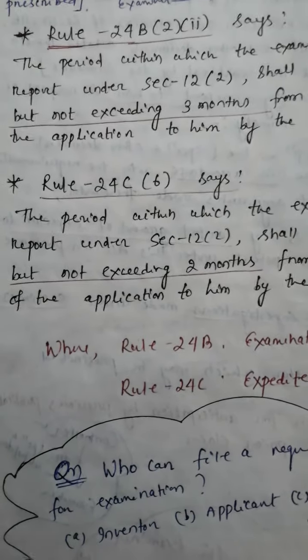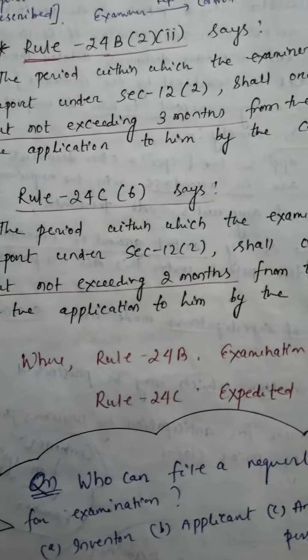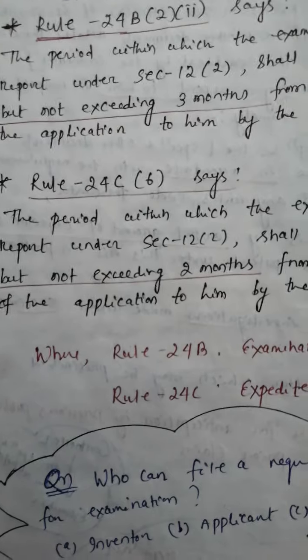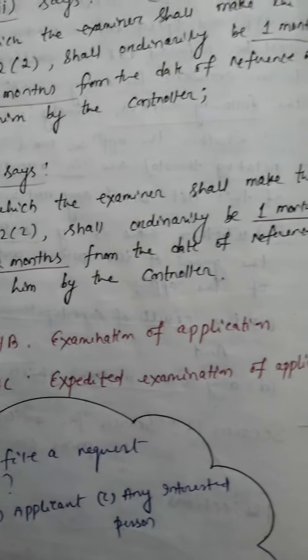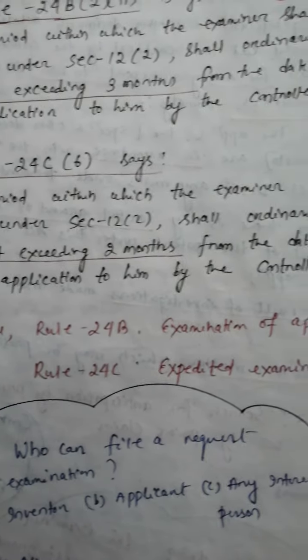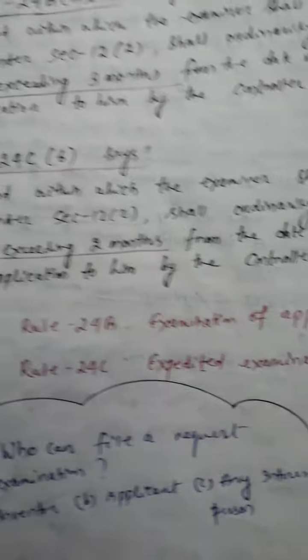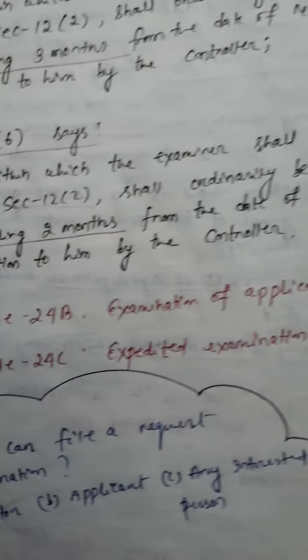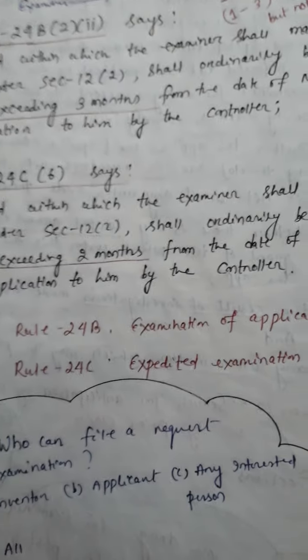Then rule 24C(6) says the period within which the examiner shall make the report under section 12 subsection 2 shall ordinarily be 1 month but not exceeding 2 months from the date of reference of the application to him by the controller.